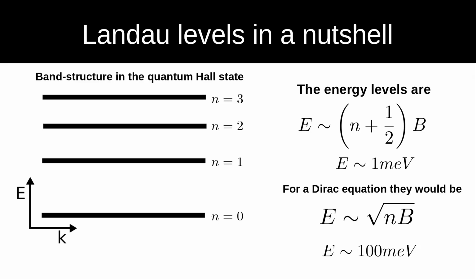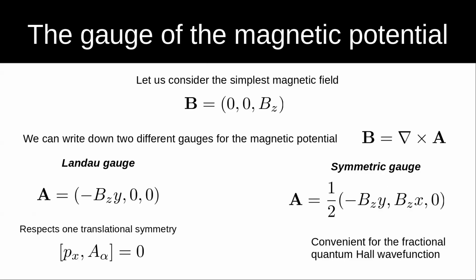So almost 2 orders of magnitude higher than the energy scale for parabolic electrons. And this different dependence comes from the fact that now the energy depends on the square root of the magnetic field instead of being linearly proportional to it. And apart from that, instead of having an n plus 1/2 energy spacing, you have an unequal energy spacing that goes as the square root of n.